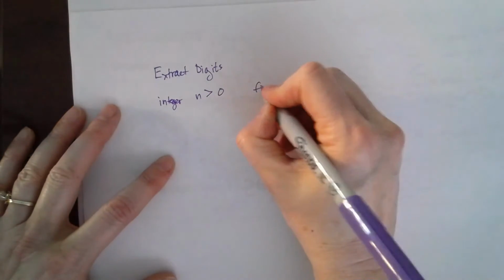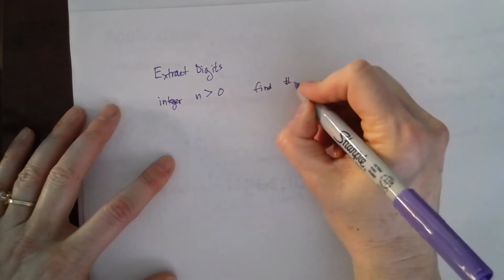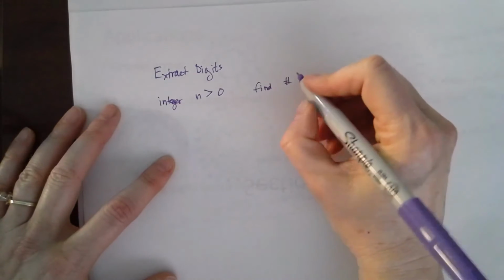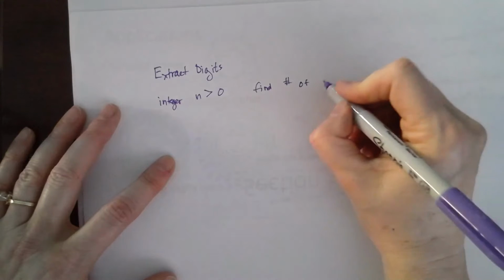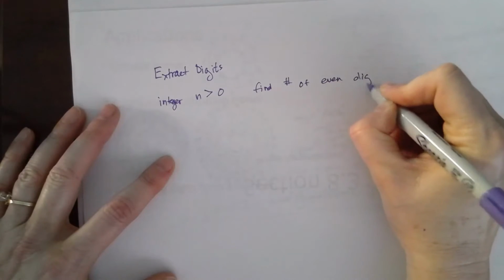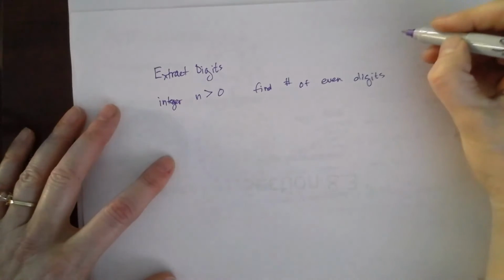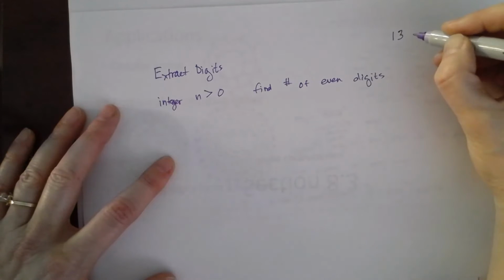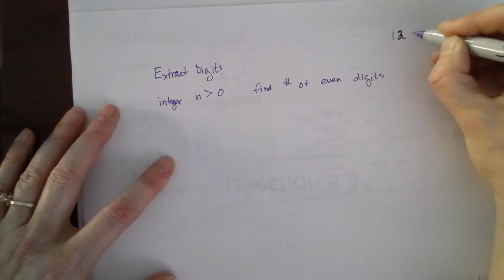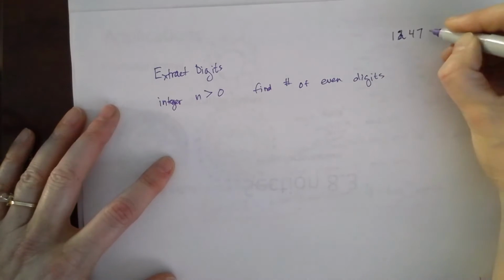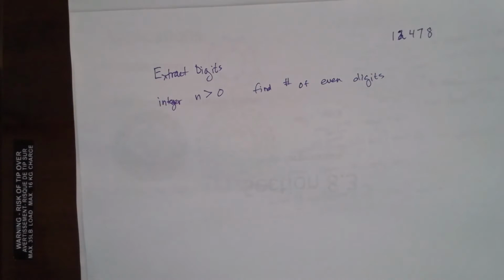And you want to find the number of even digits. So let's do 1, 2, 4, 7, 8, and I want to figure out how many even digits that has.